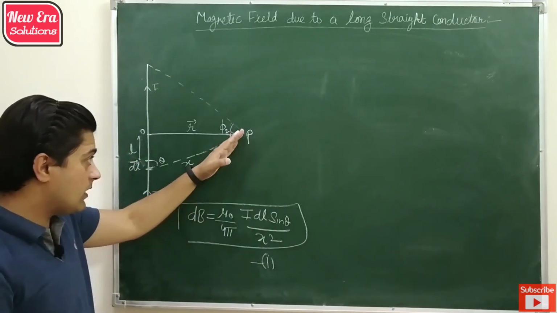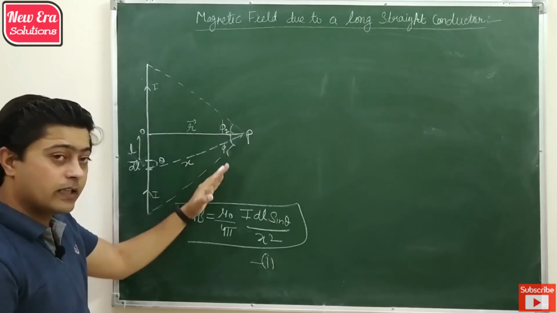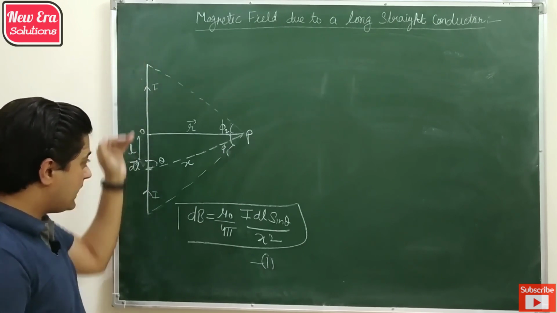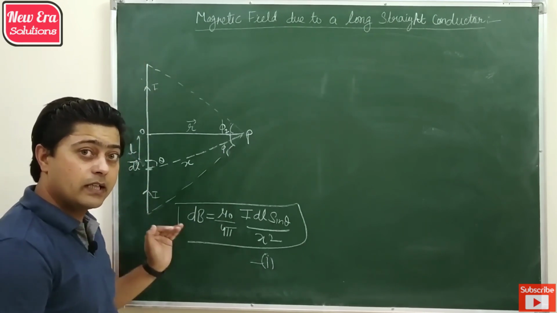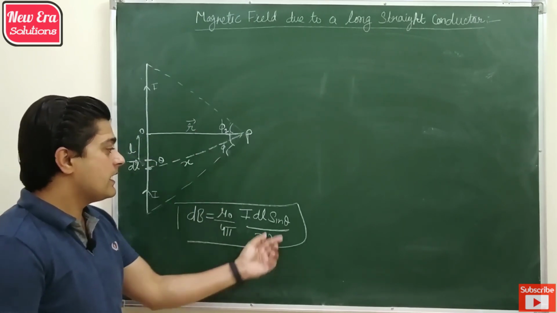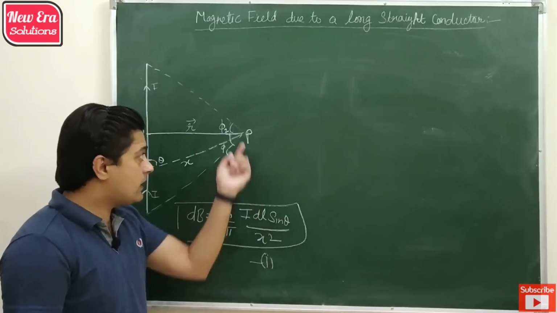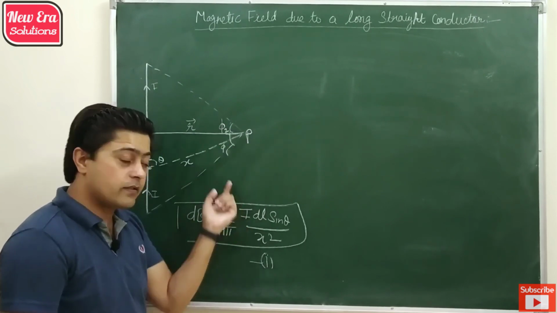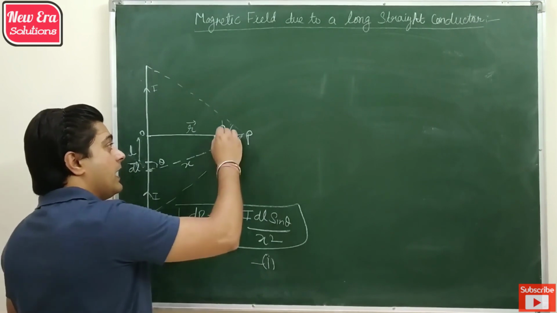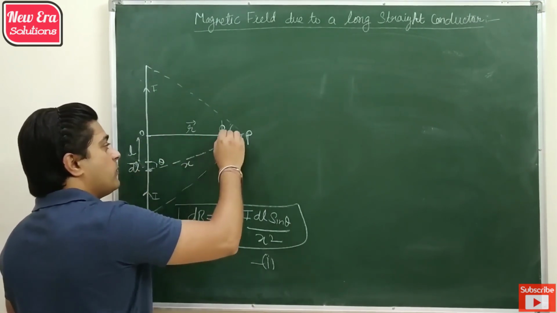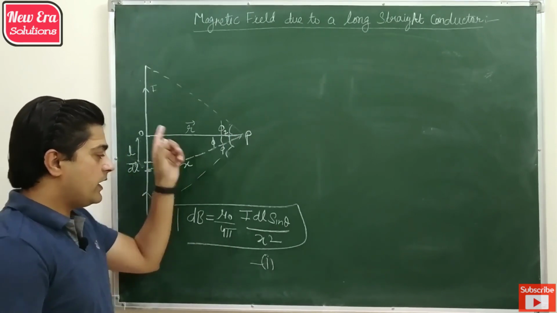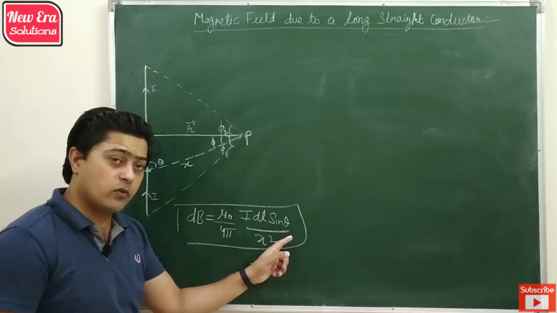So if we cover the phi 1 and phi 2 angles from point P, we cover the complete length of the current carrying conductor. So we have to replace that angle in terms of these two angles, for which we let the angle to cover that portion of the conductor be phi. So we introduce phi in place of theta.